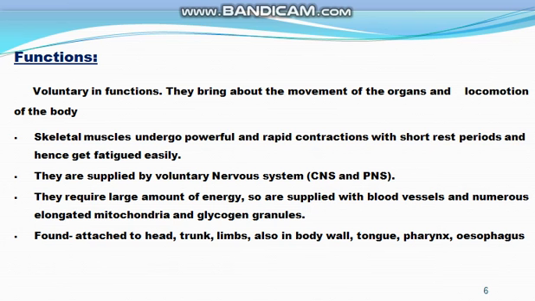And these skeletal muscles are supplied by the voluntary nervous system, that is the CNS, central nervous system, and PNS, peripheral nervous system. These muscles are under our control and they require a large amount of energy, so they are supplied with blood vessels, numerous elongated mitochondria and glycogen granules.